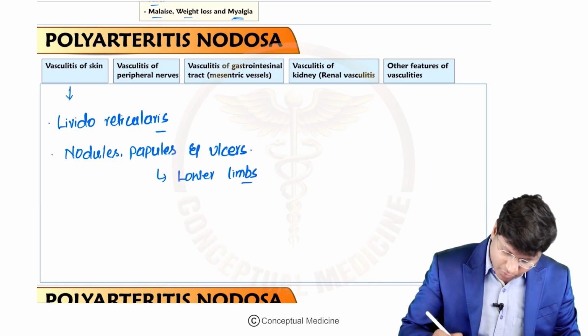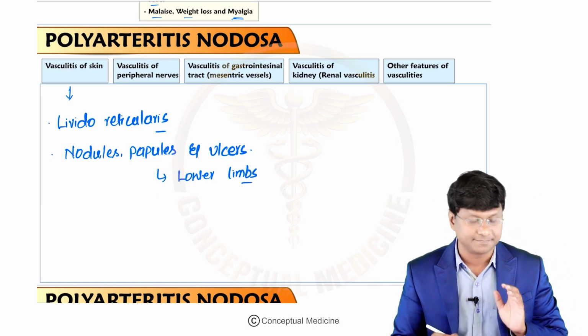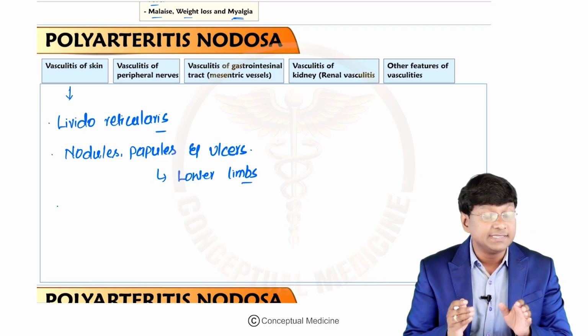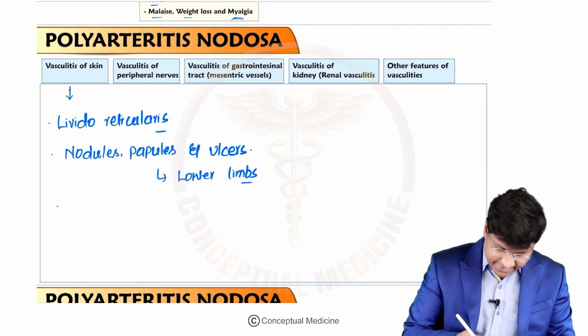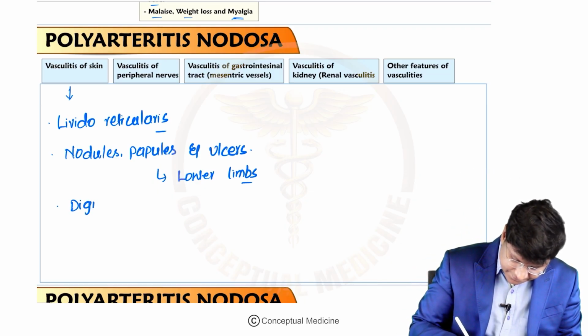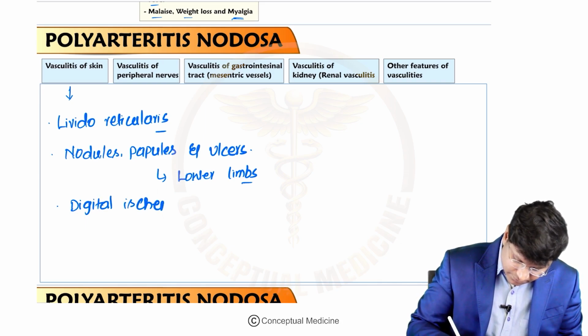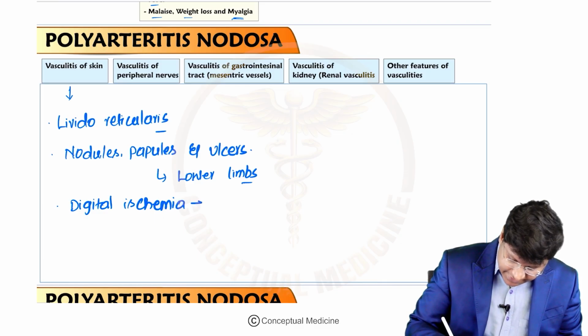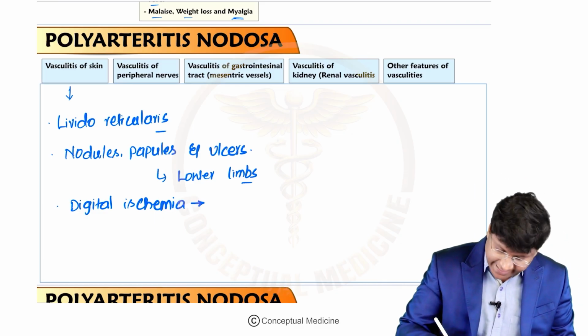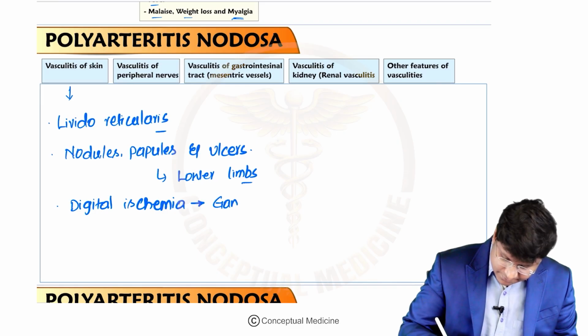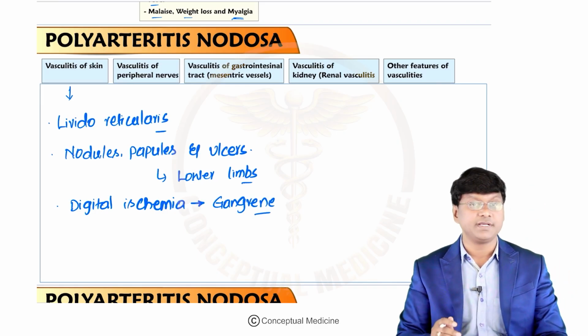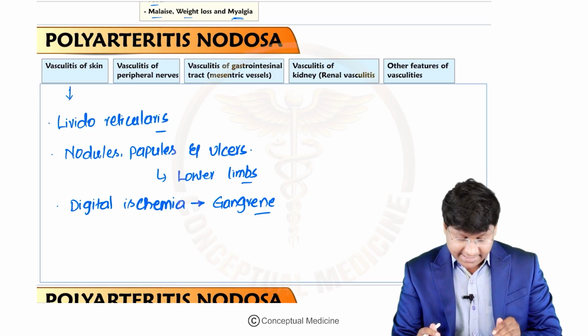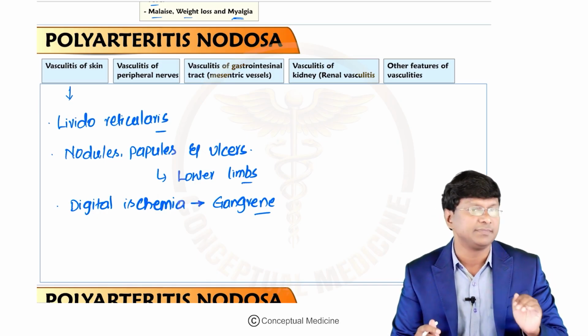And digital ischemia will be there. Digital ischemia leading to gangrene is another very important clinical manifestation.